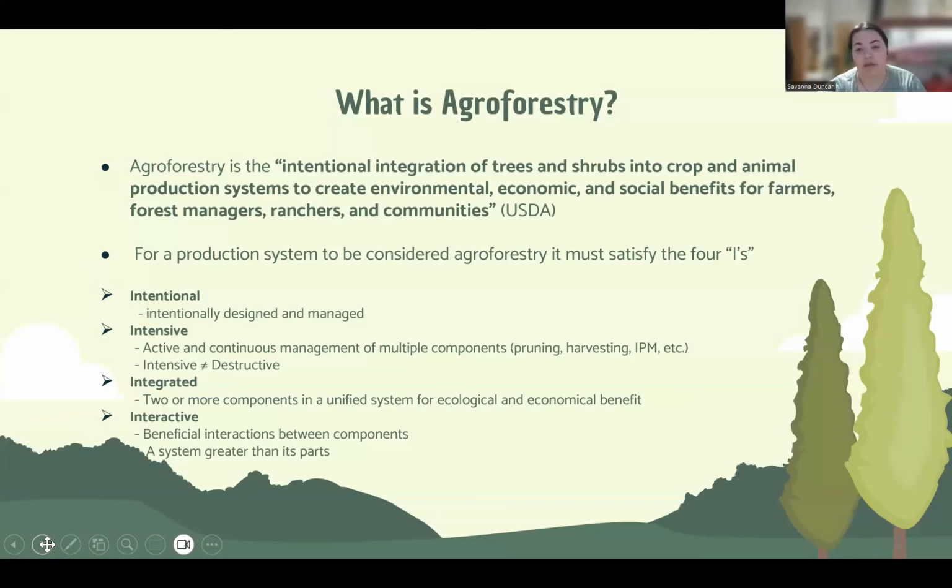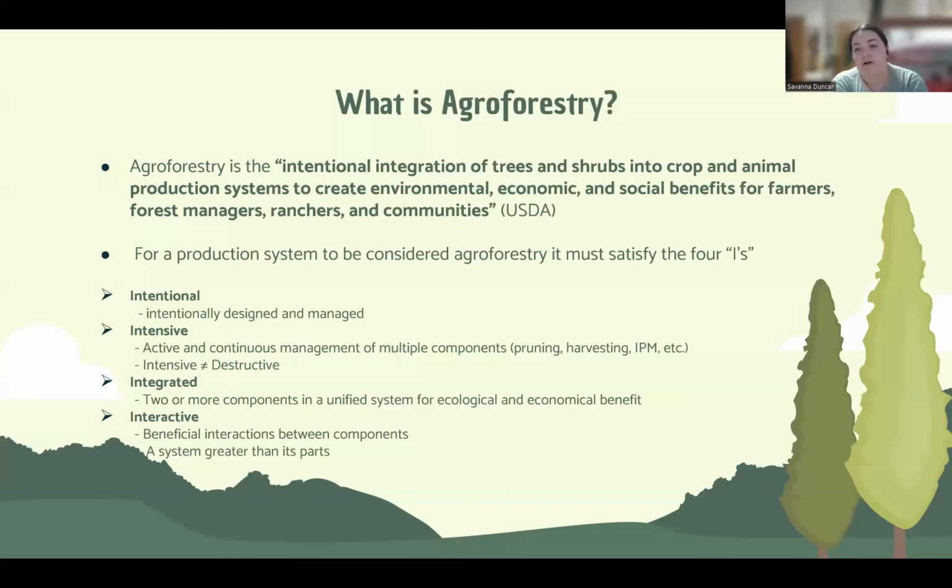and soil fertility management. To add to this, agroforestry is integrated. It's combining two or more components into a unified system that strives to work together not only ecologically, but economically as well.